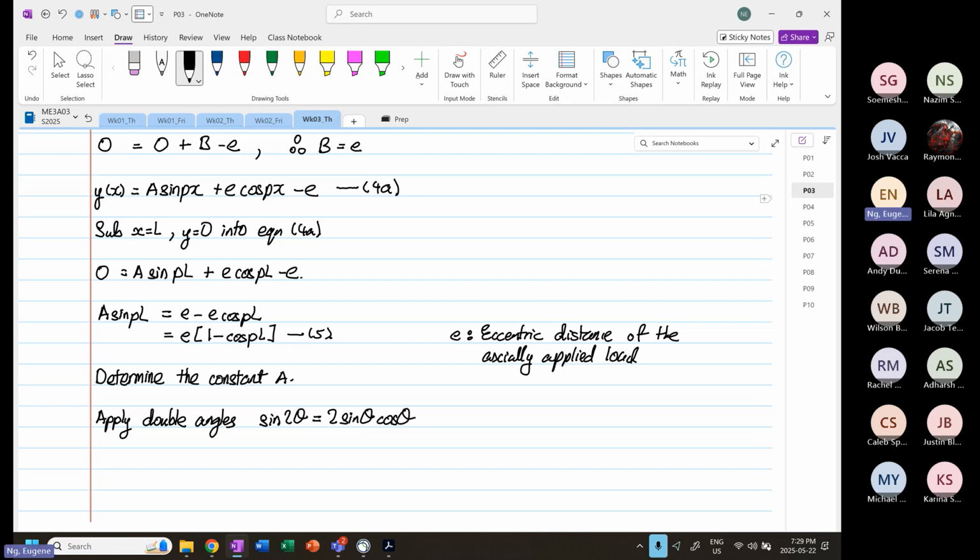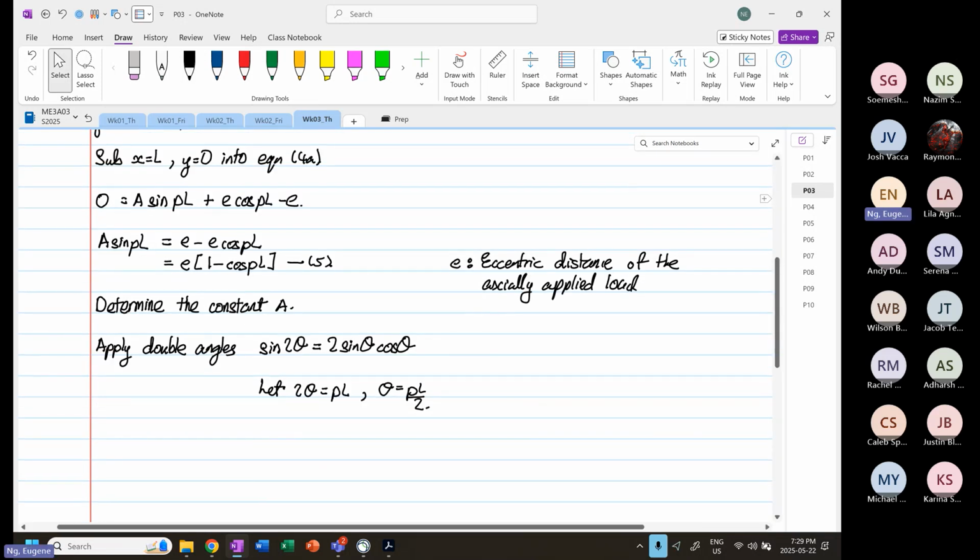Okay. Then we are going to let 2 theta be equal to pL, and this in turn gives theta is equal to pL over 2.